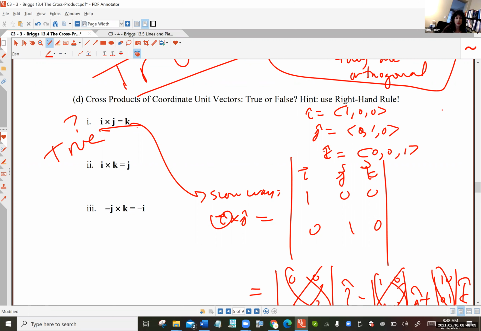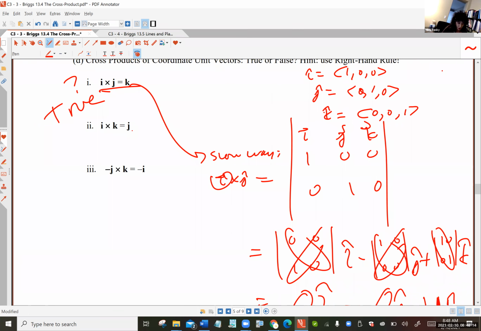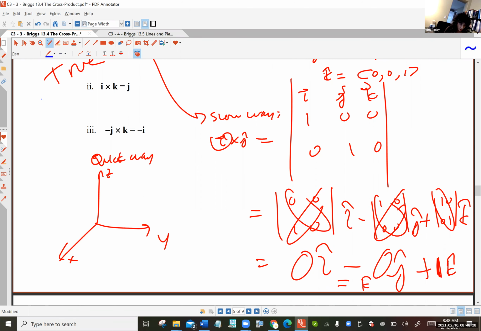Now, is there a quicker way to do this? Yes. If you're willing to do the right-hand rule and you understand it, I would say you wouldn't even really have to show me the slow motion way. So here's the quick way. Draw the x, y, and z coordinate axes in the rectangular coordinate system. i hat is a unit vector pointing in the positive x direction. j hat is over here pointing in the positive y axis direction, and k is pointing straight up in the positive z axis direction.